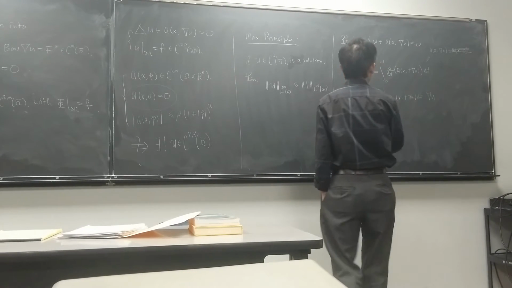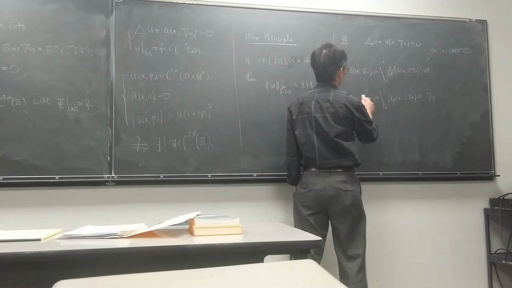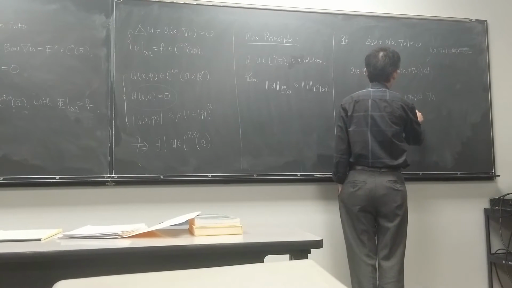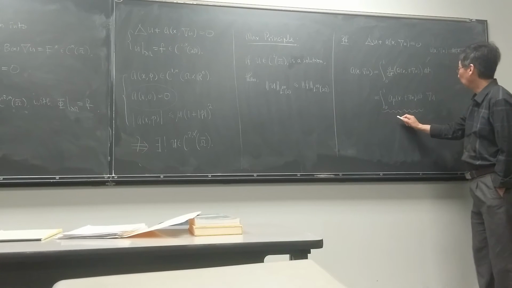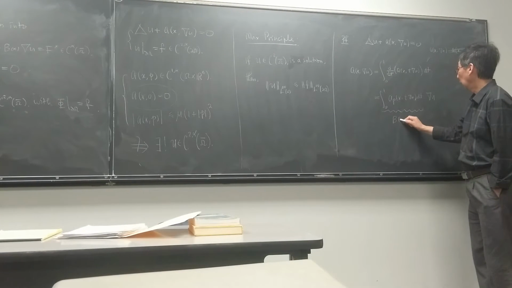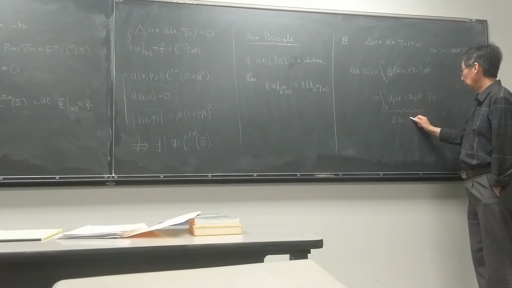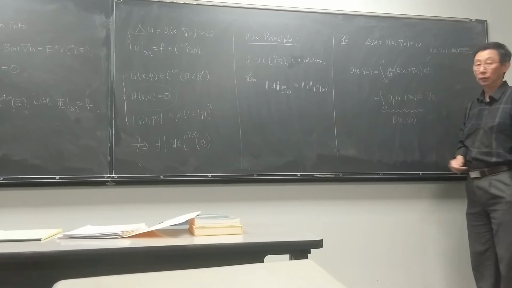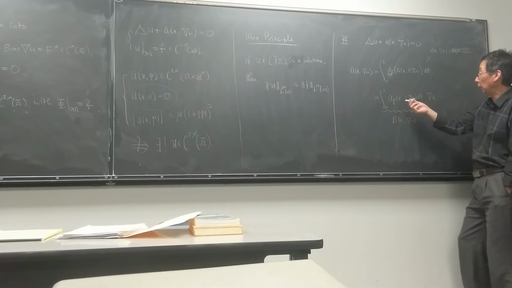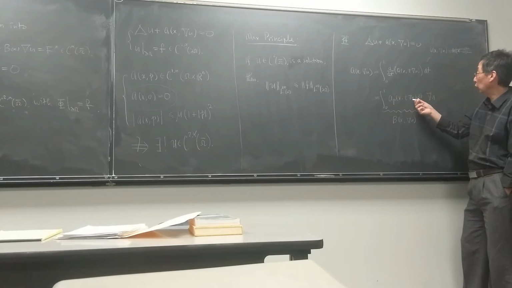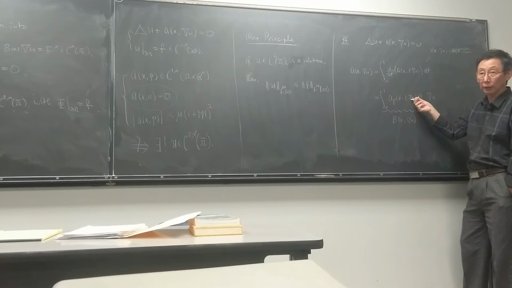So this is what we use. I'm going to call this b(x, ∇u). So this can be defined. It's a function of x, and it also has something to do with the gradient.